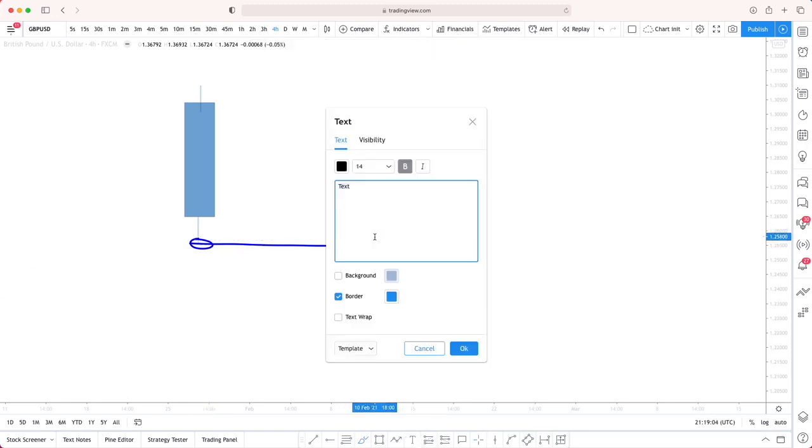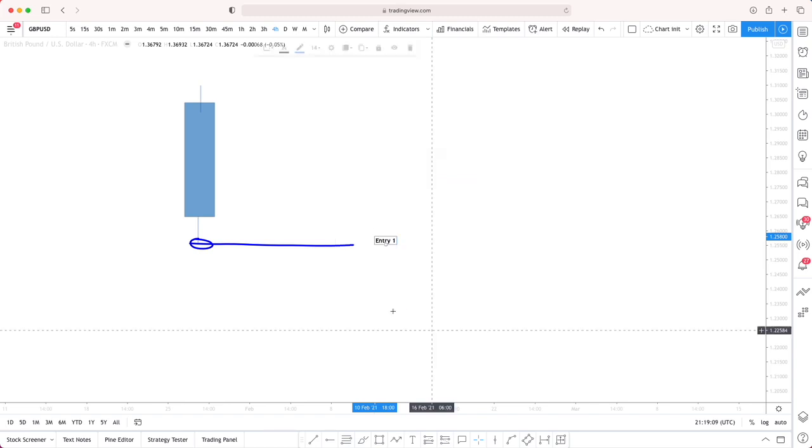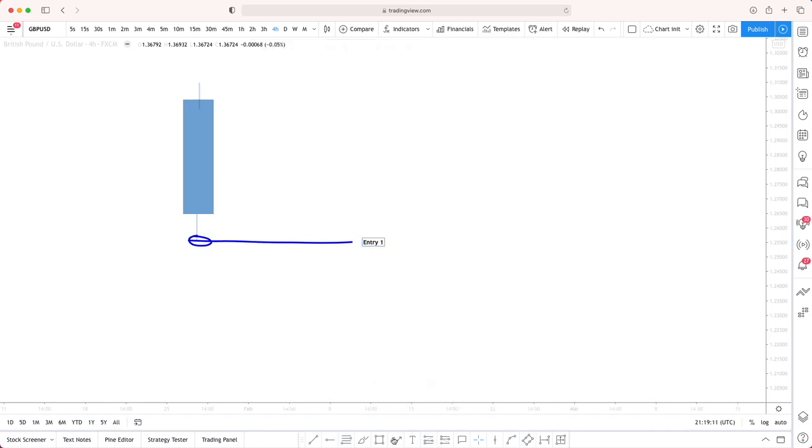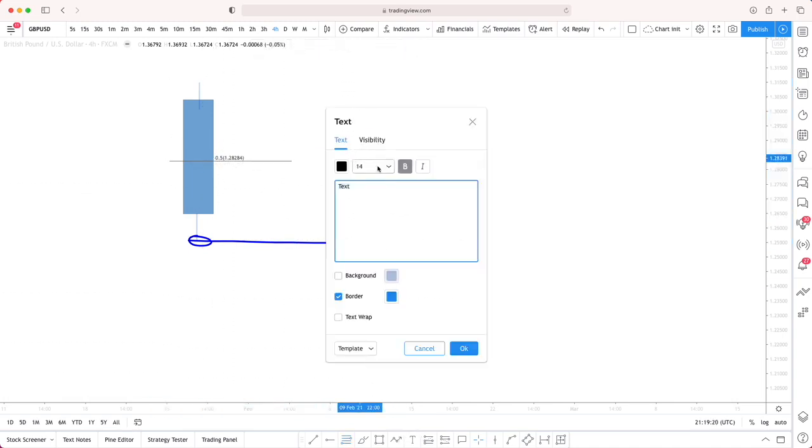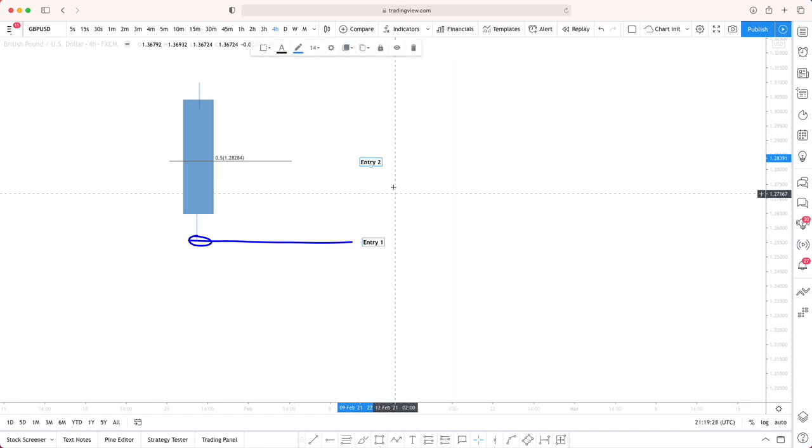Alternatively, you can get your Fibonacci tool and use the 50% of the OB as your entry 2. So when we talk about entries in the next 2 videos, this is where you're going to place your orders. You're either going to place your order at entry 1 or entry 2. That is up to you.